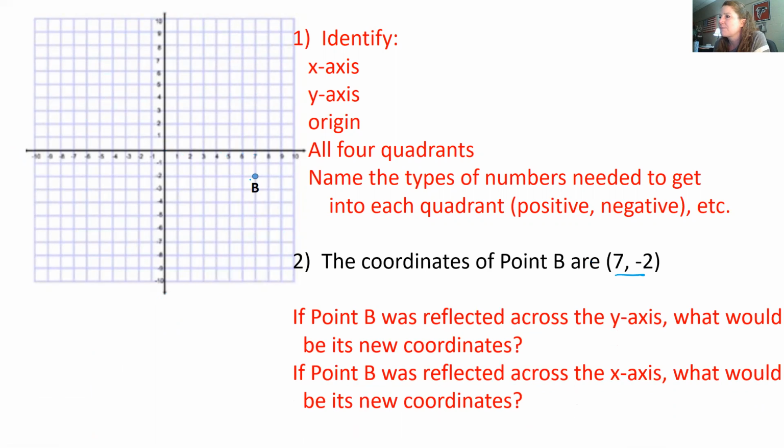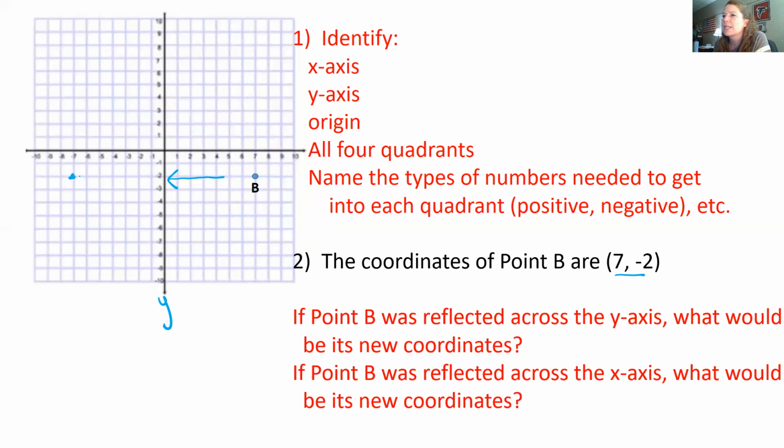So that's what happened. It says if point B was reflected across the y-axis, so we're going to go toward the line of reflection. We're going to go toward the y-axis, and then we're going to keep going. So what would be its new coordinates? You're going to move toward the line of reflection 7 spaces. You're going to go 7 spaces on the other side of it.